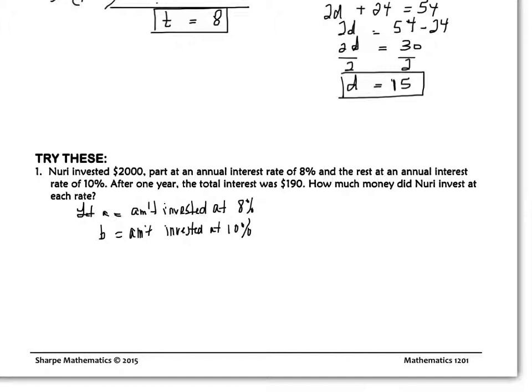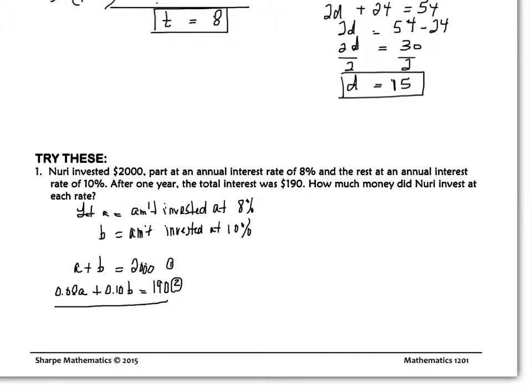Then one equation would be A plus B, the total amount invested, was 2,000. And the other equation would be that decimal 0.08, so 8% of A, would be the interest, and decimal 0.10, 10% of B, should give you total interest of 190. So those would be our two equations, equation 1 and equation 2.